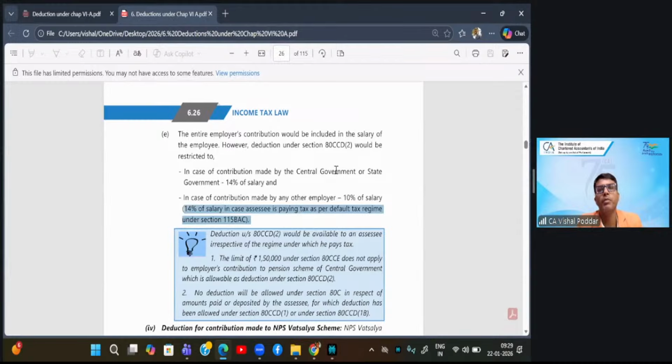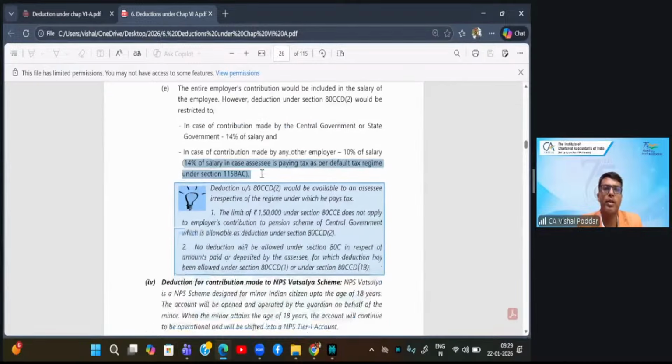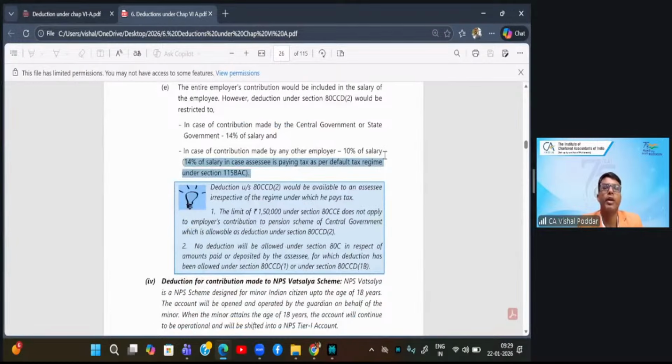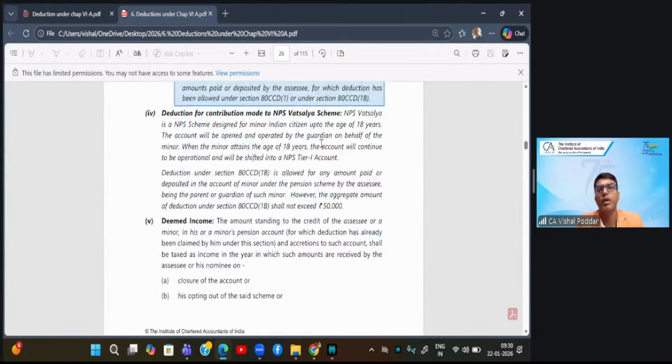In case of old scheme, for employer contribution, if the employer is central or state government, you get up to 14% of salary. But if it is a private employer, you get up to 10% of salary. This is the most important point. It may take some time for you to understand, percolate, but please understand this. This is the most important part of this section.